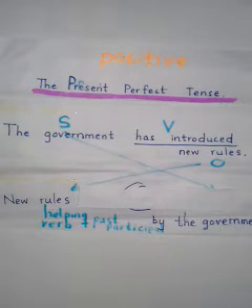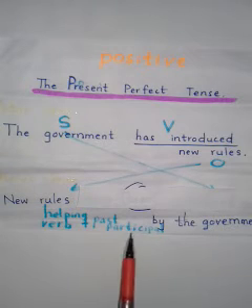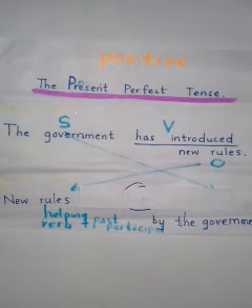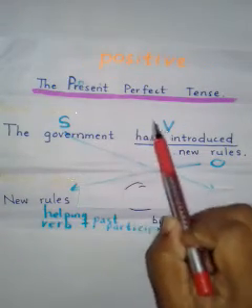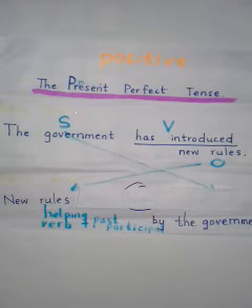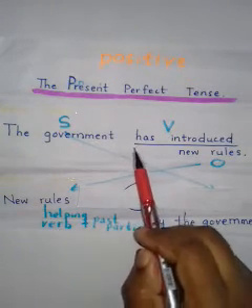Now as the third step, we must build up the passive verb, helping verb plus past participle. So we can take this helping verb from this active voice sentence. Has or have.